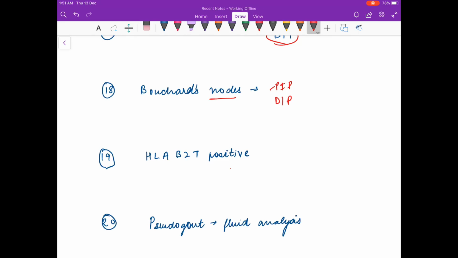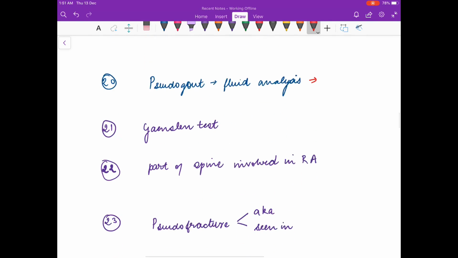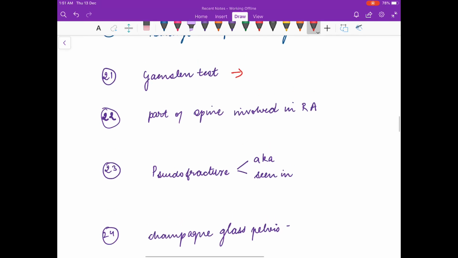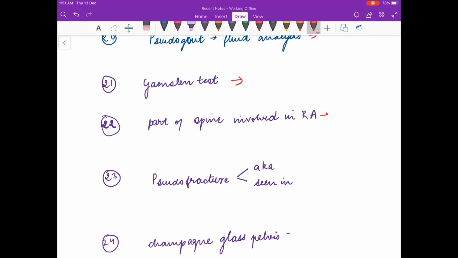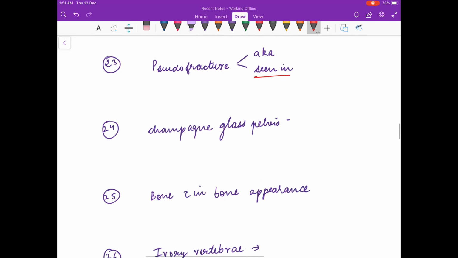HLA-B27 positive disorders are. In pseudogout, fluid analysis reveals what? Gaenslen's test is for which joint? Part of spine involved in RA. Pseudo fracture is also known as, and it is seen in.